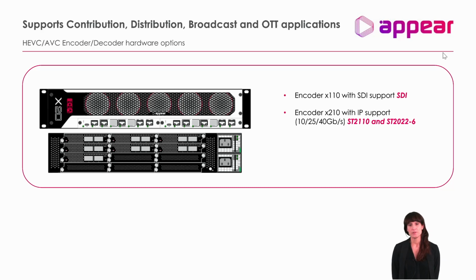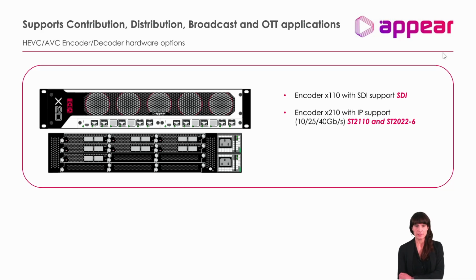And today we're going to focus on two of them, which is the SDI module and the IP module for AVC and HEVC compression. And for uncompressed or IP, we can support 10, 25 and 40 gig link speed. And we've got 12 slots for the X20, and six slots for the 1RU.